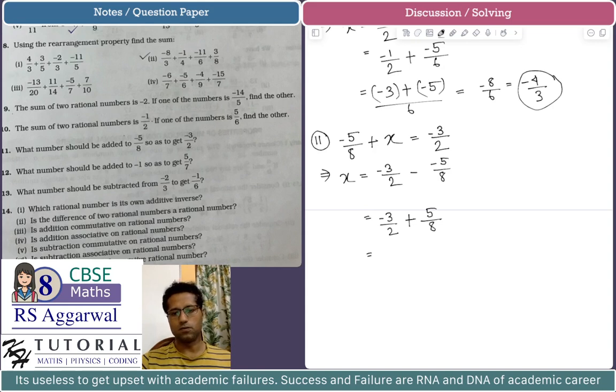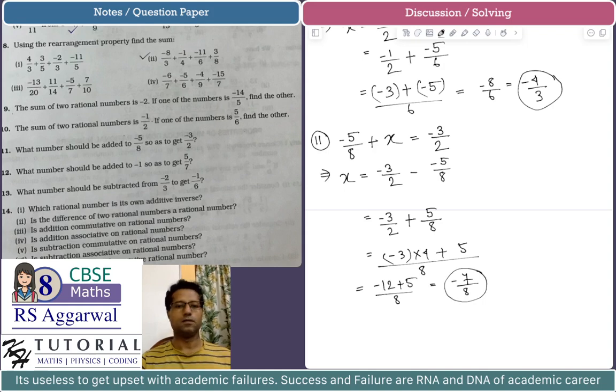So this is equal to minus 3 into 4 plus 5 divided by 8, which is minus 12 plus 5 by 8. This is equal to minus 7 by 8. So what number should be added to minus 5 by 8? The number that should be added is minus 7 by 8.